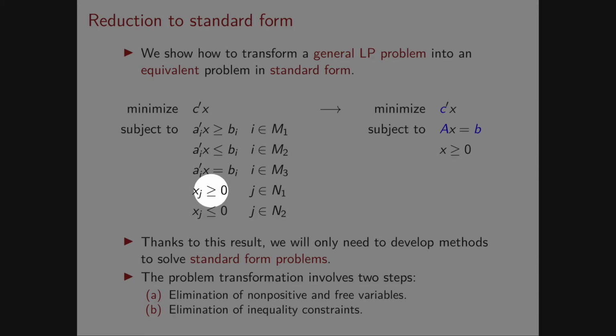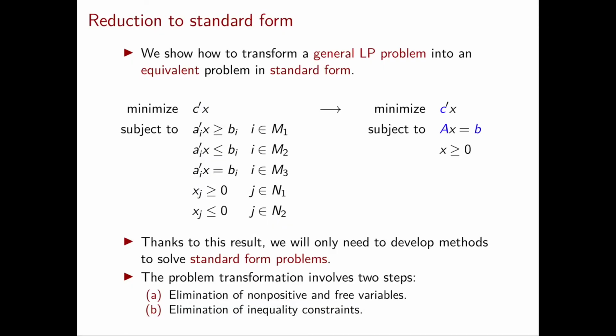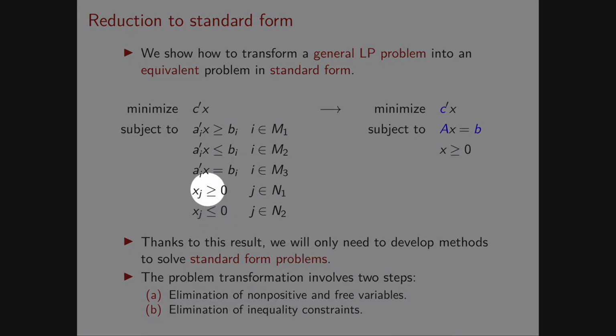Well, non-negativity of these variables is fine. We can definitely just keep it in the standard form problem, but we have to deal with the variables that are required to be non-positive and with the free variables, which, if you remember, are the variables that are neither required to be non-negative nor required to be non-positive.